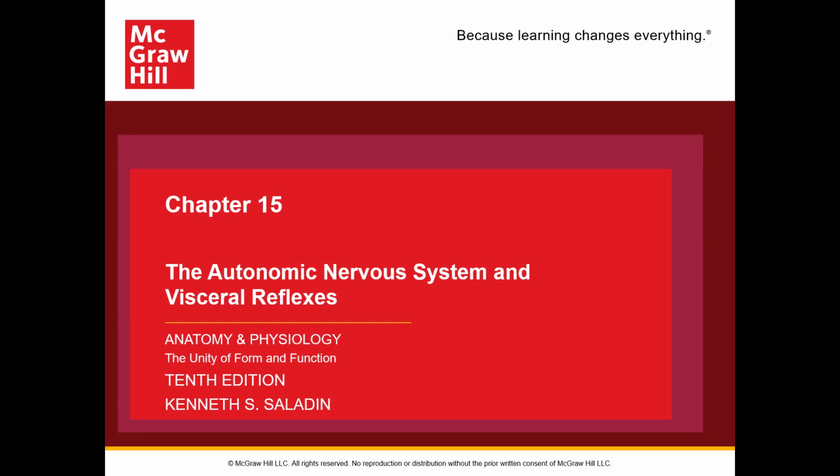Receive input, generate output. That's the PNS. What's the other branch? What's the other function? We receive input, we generate output. What's the missing part? Yeah, process. We're going to process, integrate, because you want to process this input you got. You want to integrate the input, process, integrate, and generate an output.